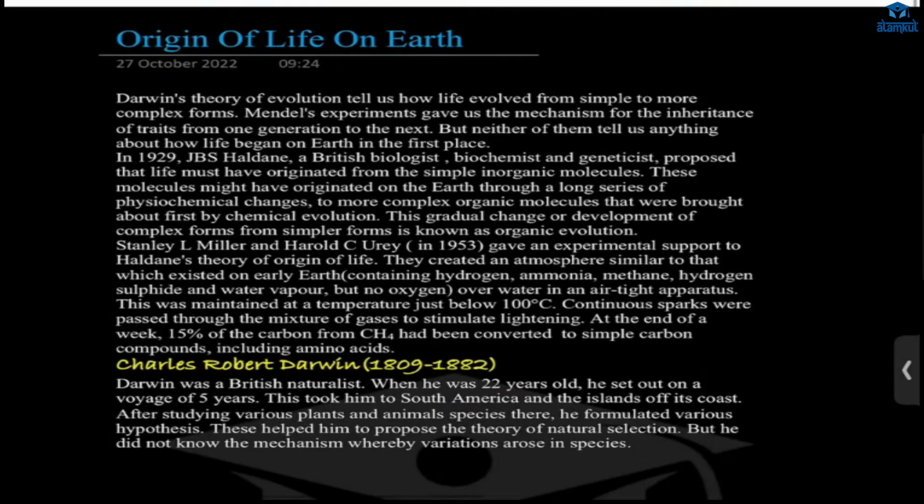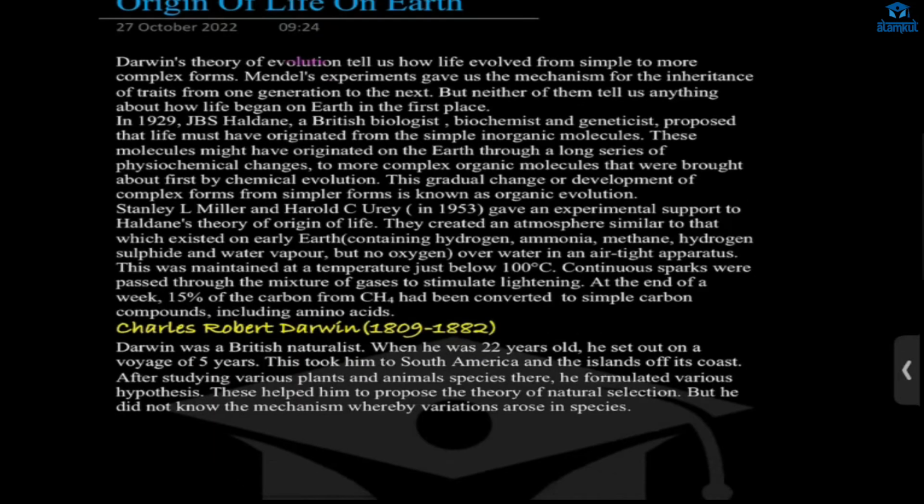Now, Darwin's theory told us about evolution, right? How it evolved from simple to more complex forms. And in Mendel's experiments, we got the inheritance of traits, right? Passing of the genes from one generation to the next.